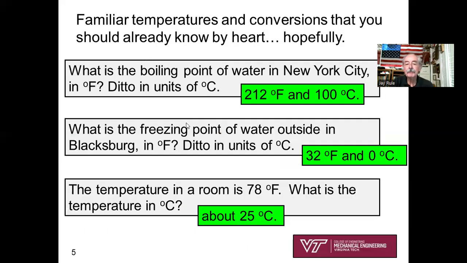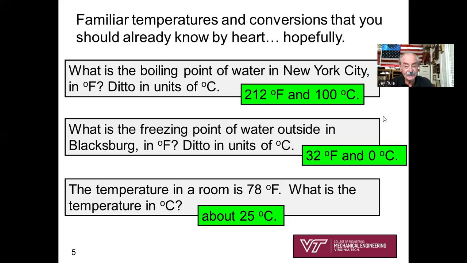Okay. Some familiar temperatures and conversions that I hope you already are familiar with. Let's go through some mental exercises. So do you know off the top of your head, could you say what the boiling point of water in New York City is in degrees F and also in degrees C?